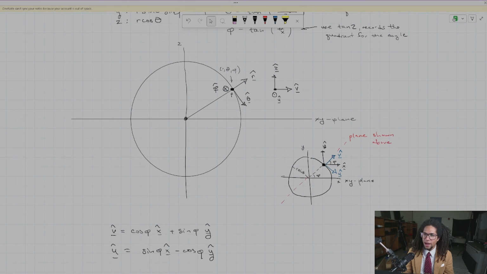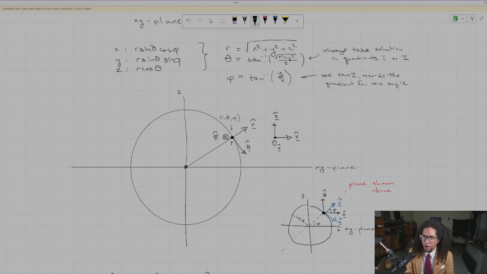Okay, now back up here. We have u hat and v hat. Let's decompose r hat and theta hat into the u hat and v hat vectors. So, actually, we'll need to do all of them, right? R hat, theta hat, phi hat.